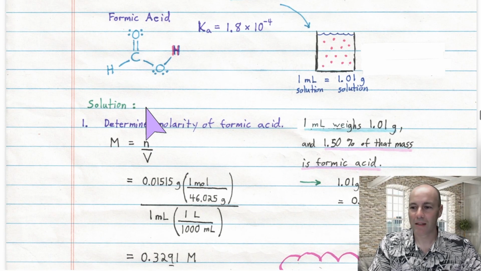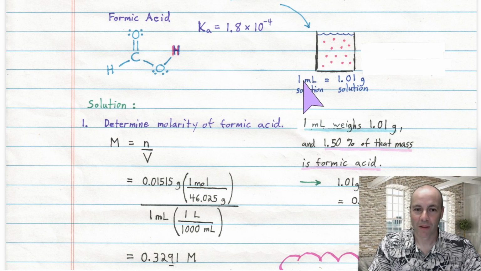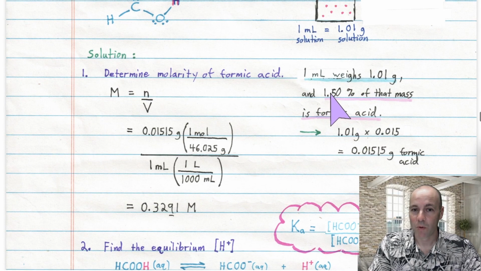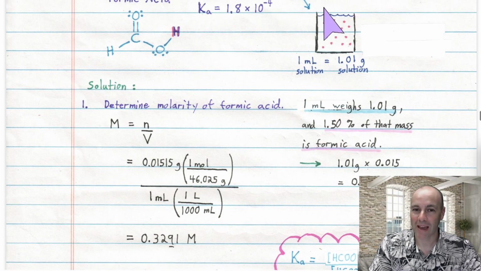It doesn't really matter how much solution you consider, so why don't we consider that one little milliliter of solution? The 1 milliliter of solution we know weighs 1.01 grams, and 1.50% of that mass is formic acid, because we're told the mass percent of the solution. So that's how we figure out the mass of formic acid in that milliliter.